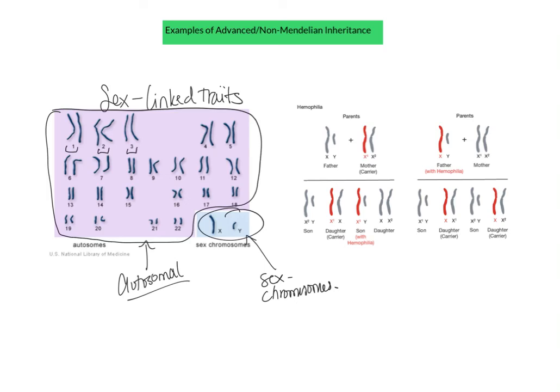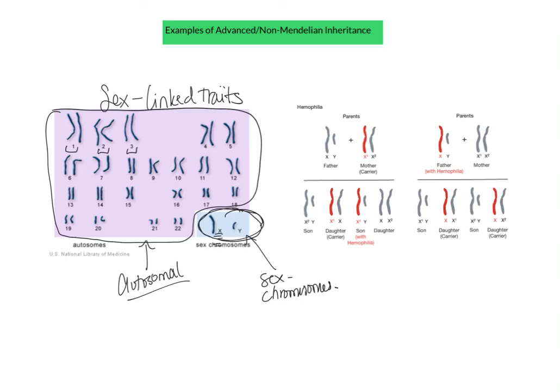But for sex chromosomes, because biological females and biological males inherit different combinations of sex chromosomes, this can result in sometimes only receiving 1 allele for a particular gene or 2. Most of the time when we refer to sex-linked traits, we're talking about traits controlled by genes found on the X chromosome, simply because it's a larger chromosome.